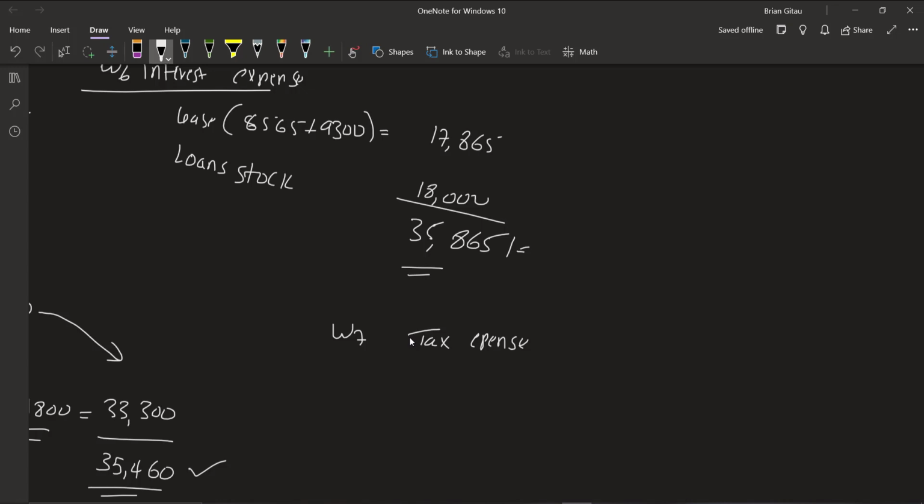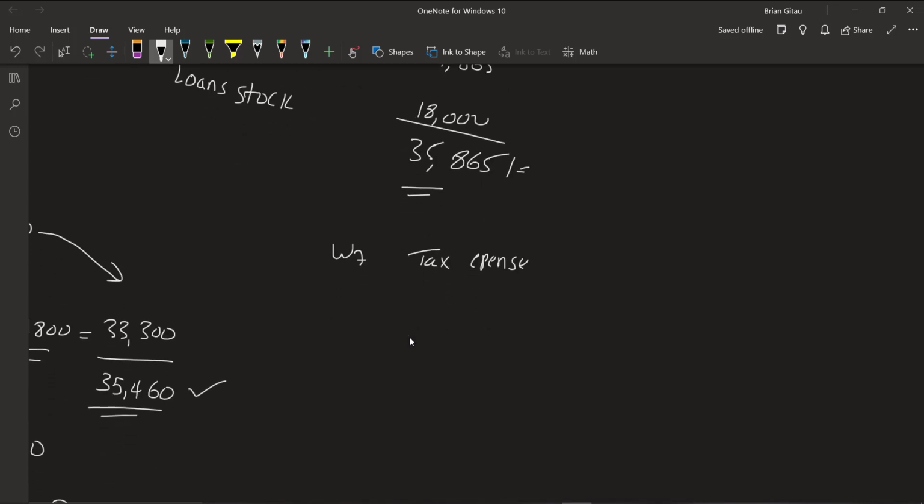So we need to get the difference in deferred tax. In this case, we have the change in deferred tax. We have 30% of 168 million.